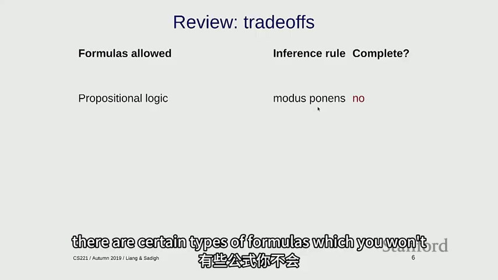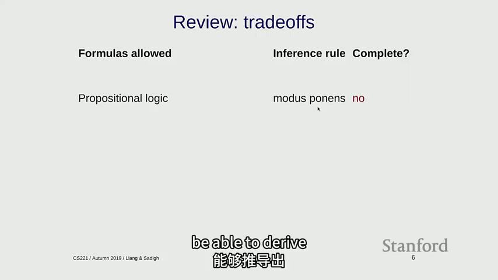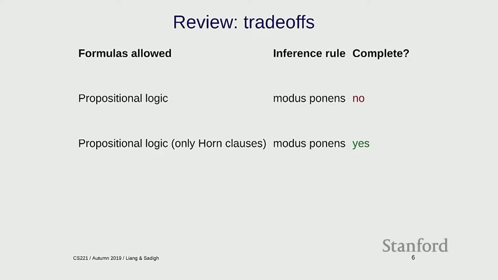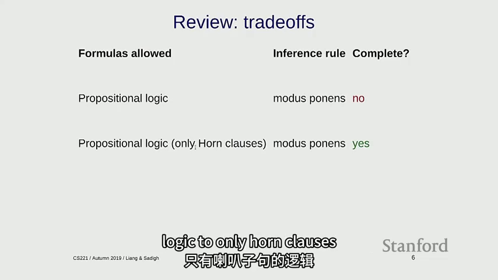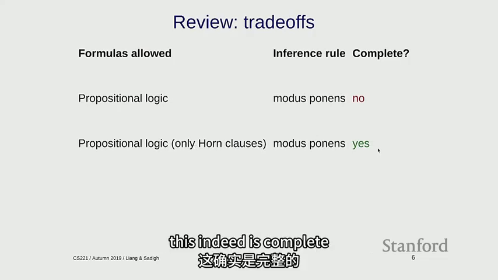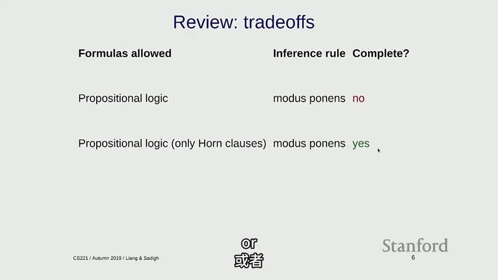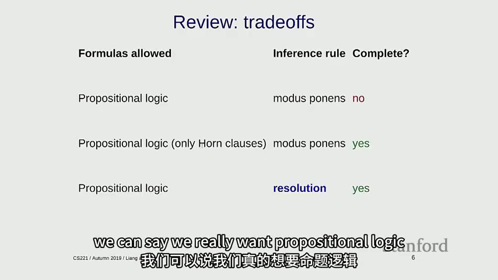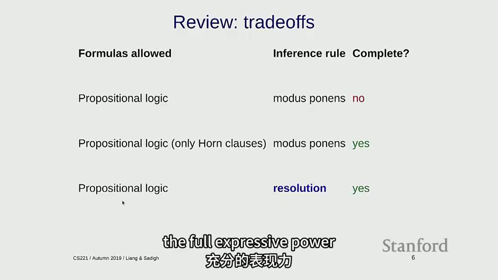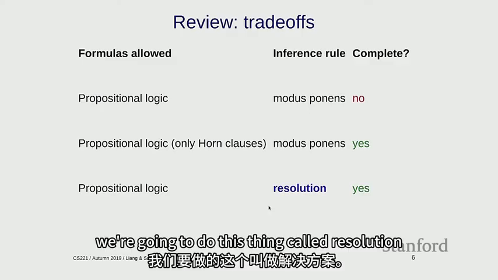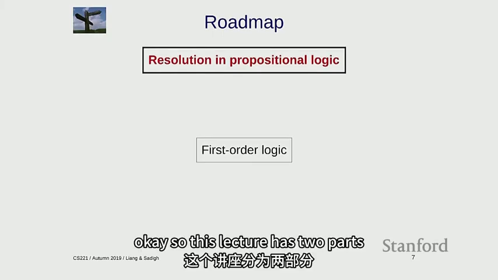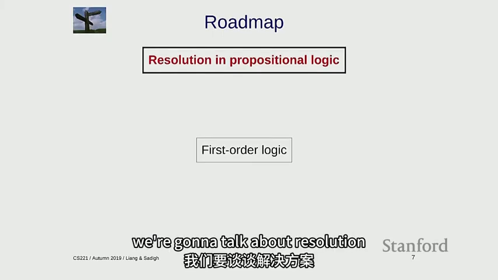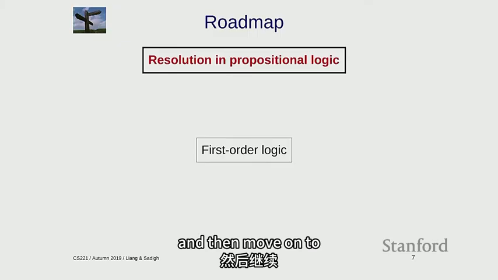There are certain types of formulas which you won't be able to derive. So we could either restrict propositional logic to only Horn clauses, and we showed last time that this indeed is complete. Or we can say we really want propositional logic, the full expressive power, and instead we're going to do this thing called resolution, which we're going to talk about in this lecture. Okay, so this lecture has 2 parts. We're going to talk about resolution for propositional logic and then move on to first-order logic.